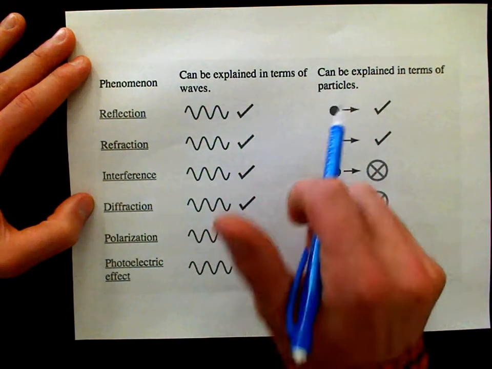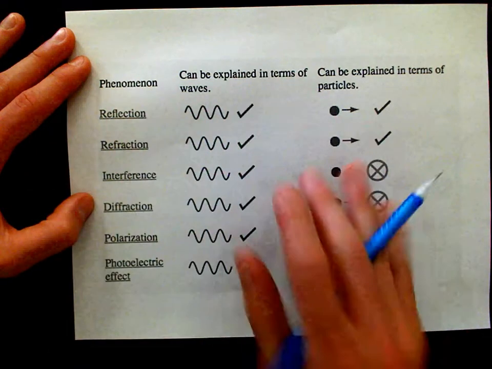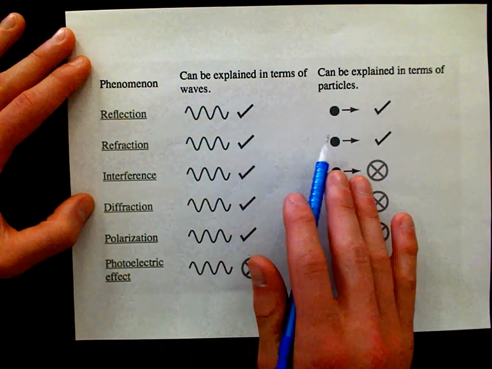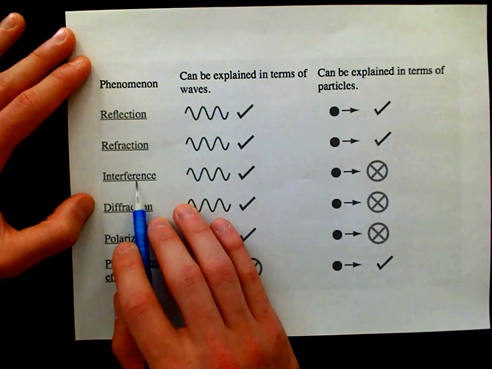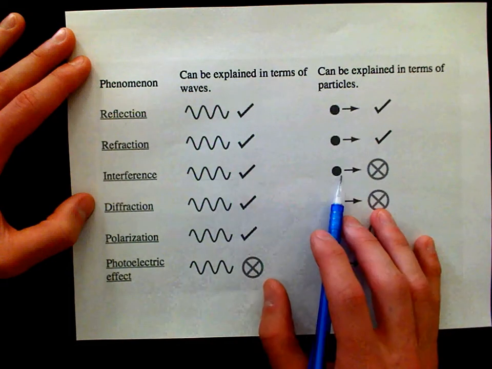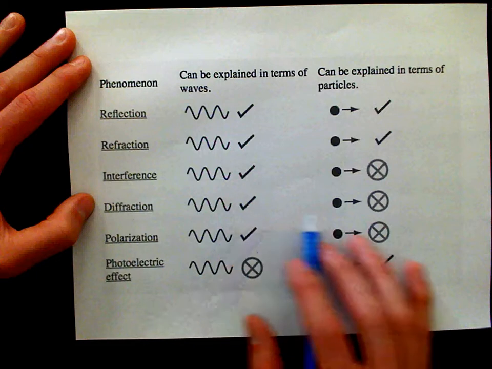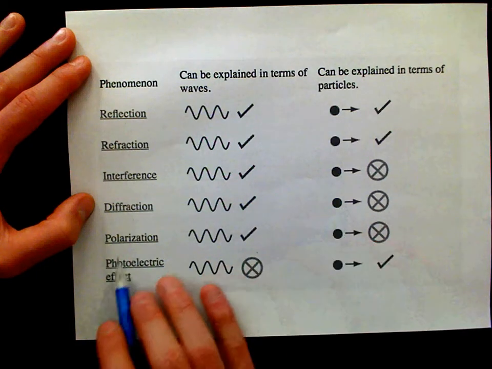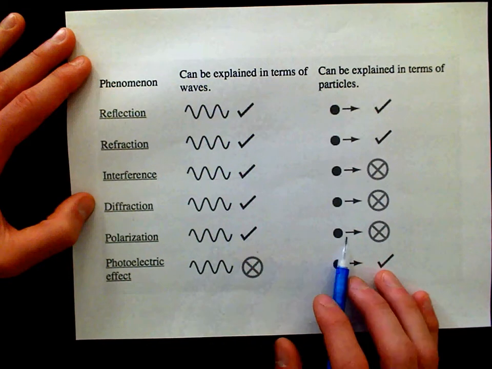We notice it slows down, the wavelength may increase, a bunch of things may happen, but we notice that it occurs both in waves and particles. Interference. Well, interference only happens in waves, not in particles. Diffraction, again, only in waves, not in particles. Polarization, only in waves, not in particles.